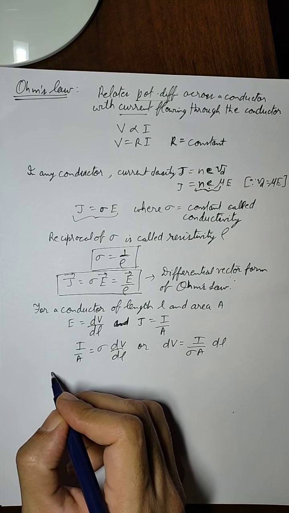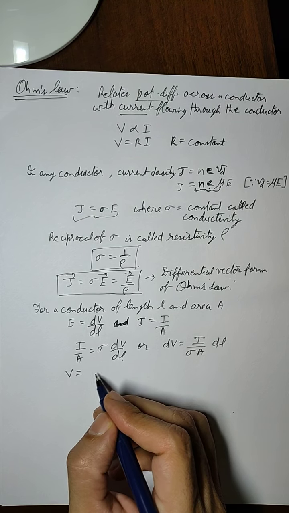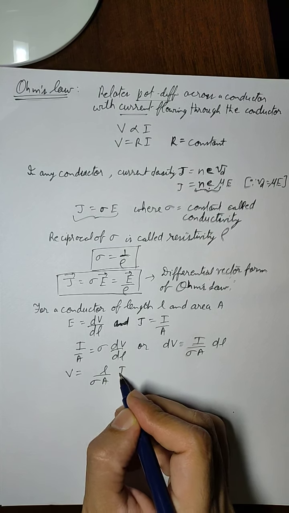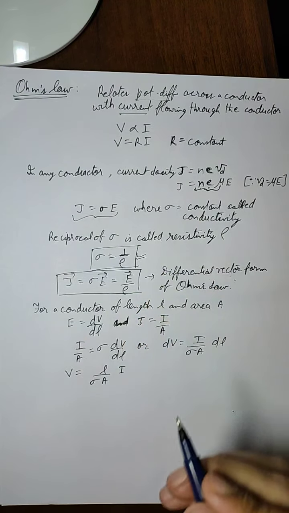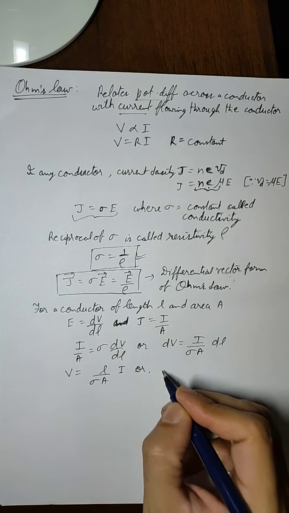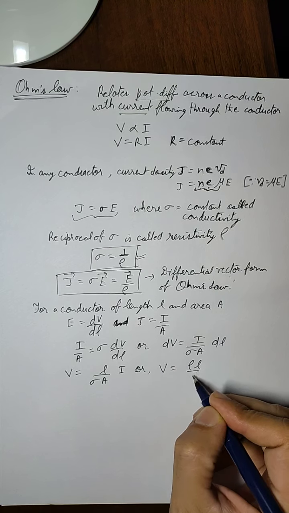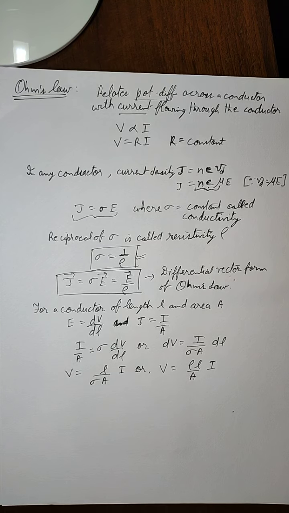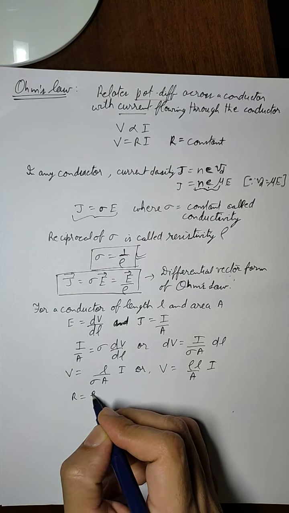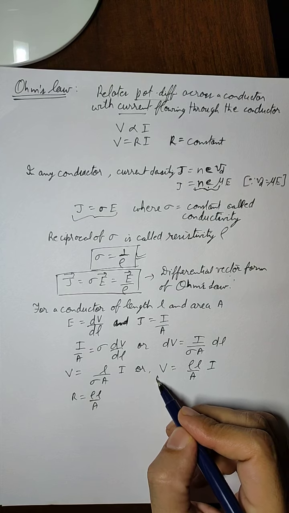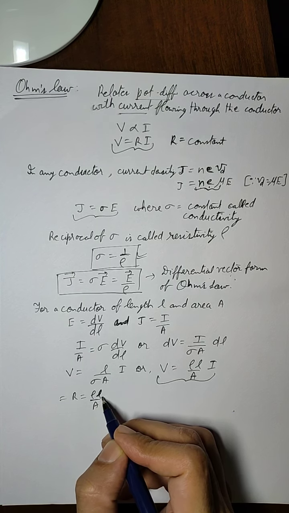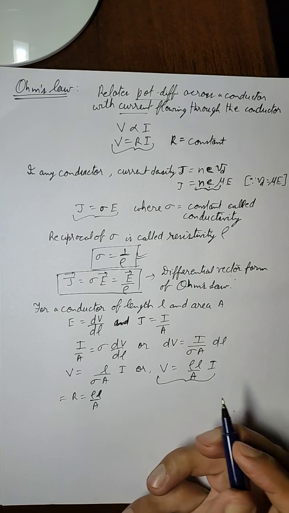Now if we integrate both sides, then we will find that V equals L upon sigma A into I. Now using this relation, we can write V equals rho L by A into I. If you recall from junior classes, we studied a formula that R equals rho L by A. If we compare this form with this form, we get the expression R equals rho L by A, where rho is the resistivity, L is the length of the conductor, and A is the area of the conductor.